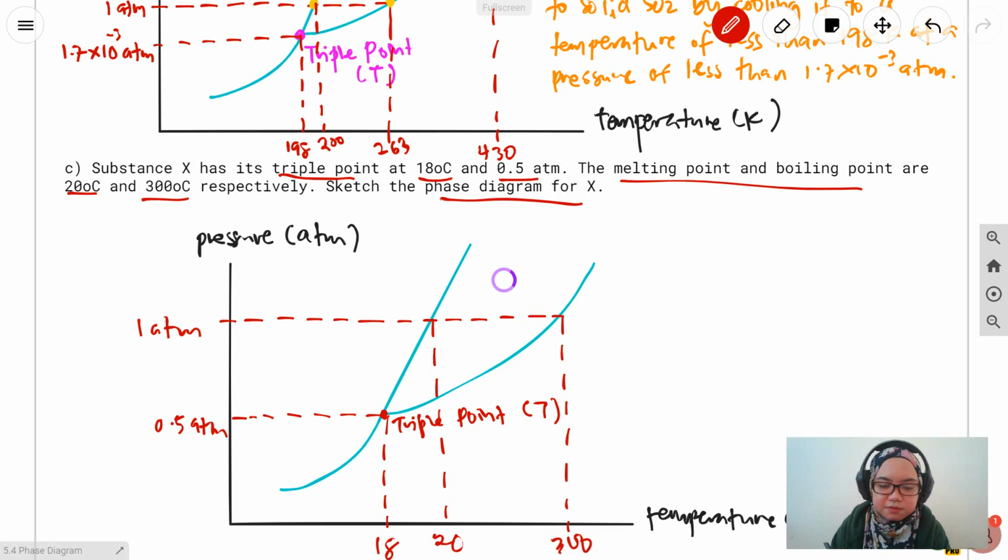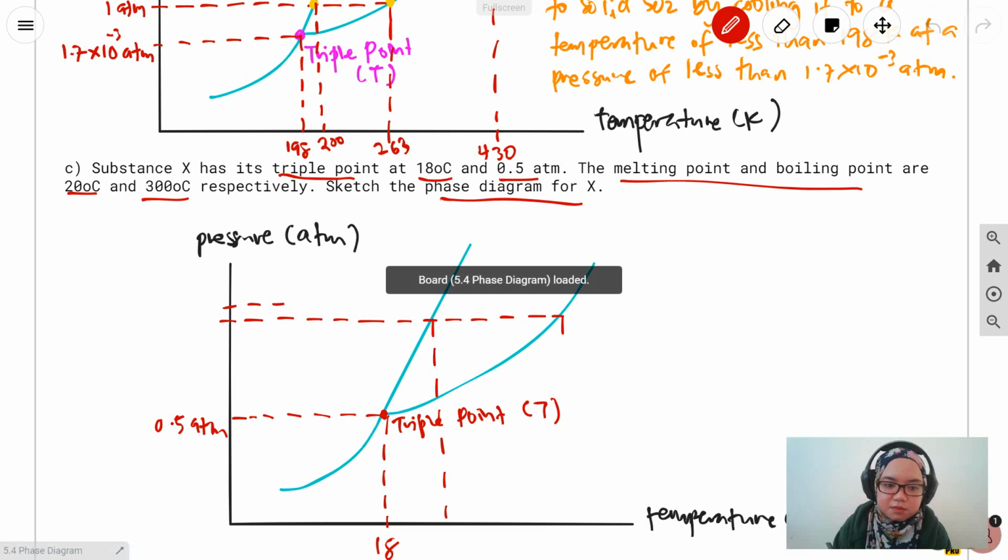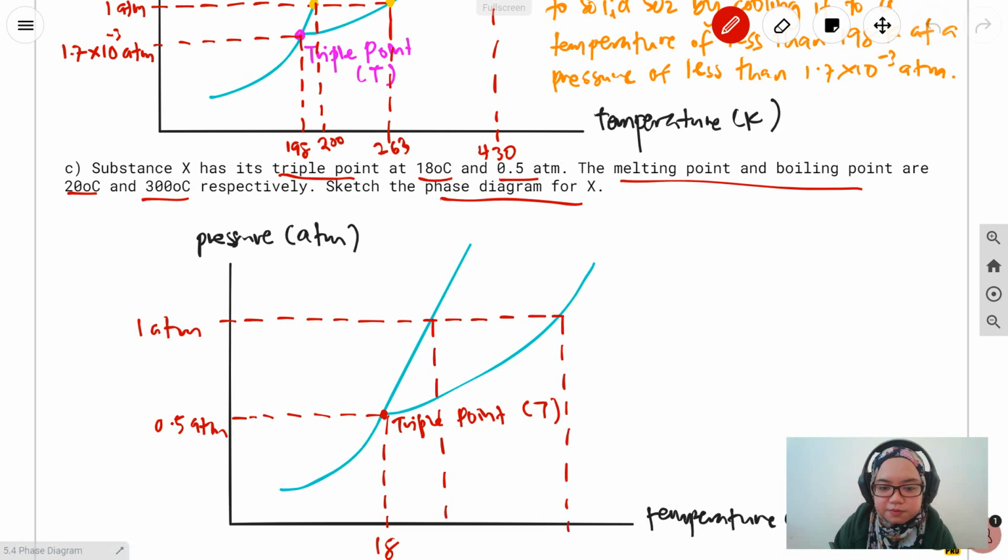Okay. Okay. So, dekat sini awak label lah. Ni boleh label lah ni melting point.